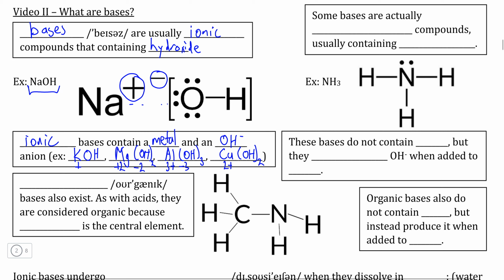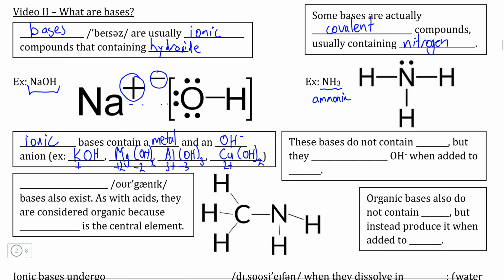For example, probably one of the most famous bases, one of the ones that's actually used in cleaning products like bleach, is this compound that we call ammonia, and from its structure we can see that it's actually a covalent compound, and many covalent compounds that contain nitrogen in key locations are examples of organic bases.